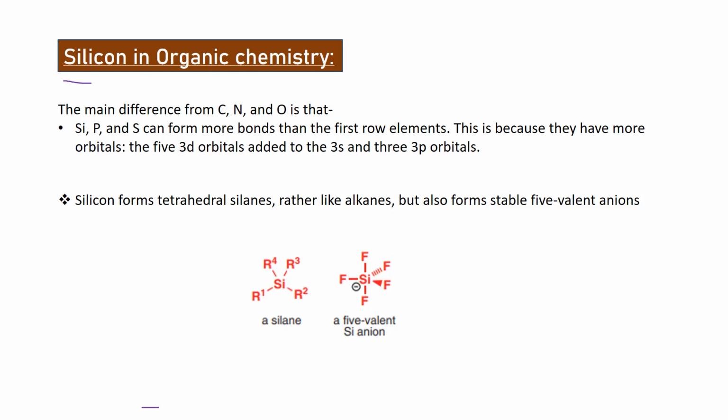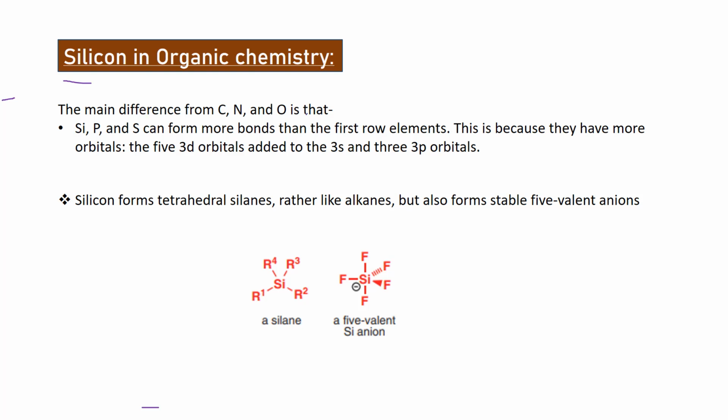Silicon belongs to the carbon group, phosphorus belongs to the nitrogen group, and sulfur belongs to the oxygen group. But those are first row elements, and these are second row. Because of that, they have vacant d orbitals, which help them expand their octet and form more bonds than usual.